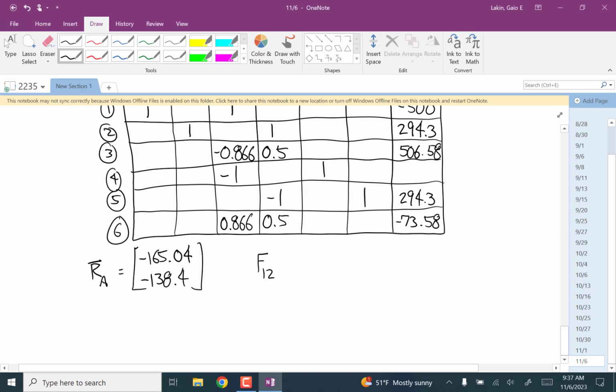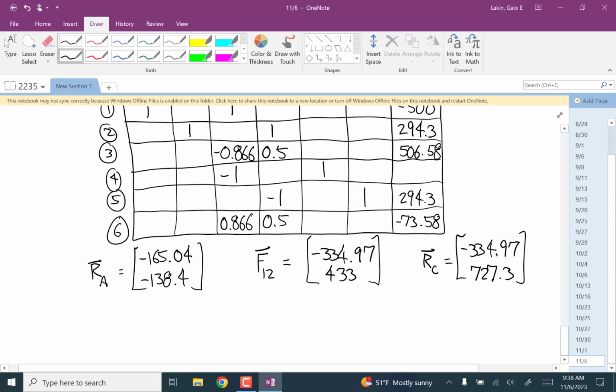And then F12 is negative 334.97, 433. And then RC is 334.97, 727.3. Nice. Everyone else screwed up. Good job, Matt.